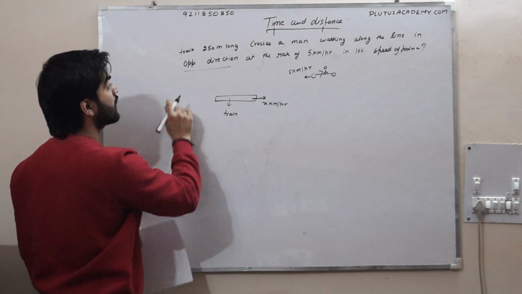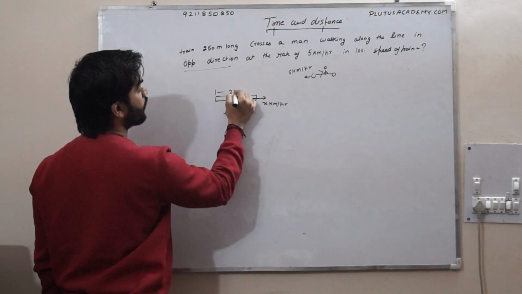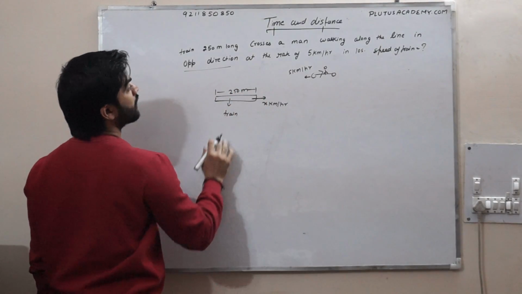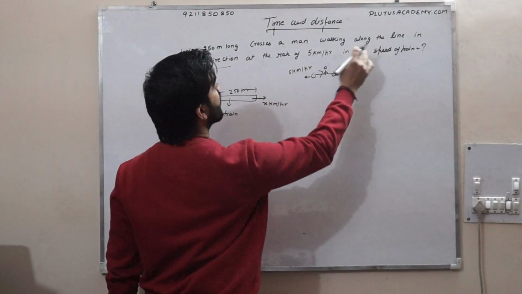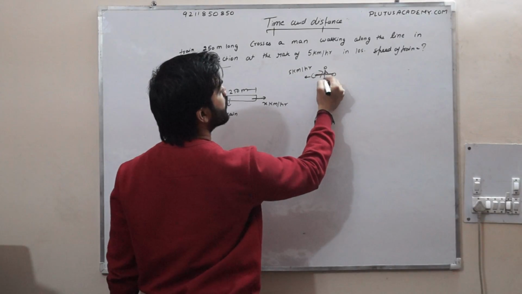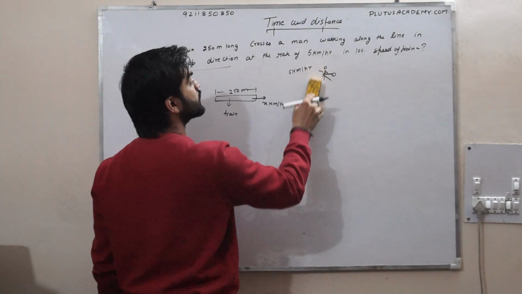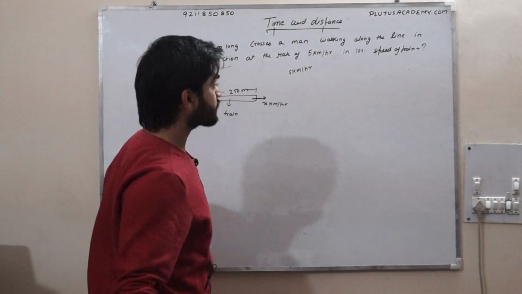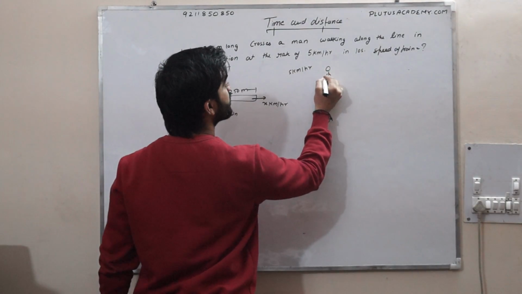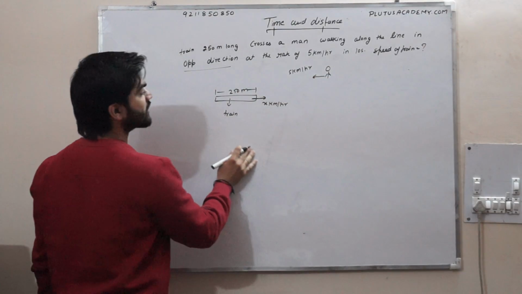Opposite direction. Train 250 meter long crosses a man walking along the line. It's walking, not cycling. It's only walk. So there is no cycle present here. Walking here with speed 5 km per hour. So what is the speed of train?